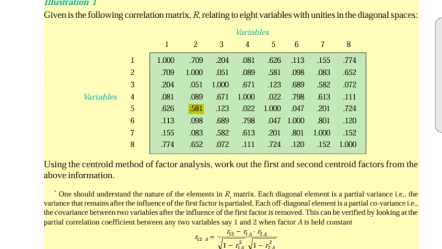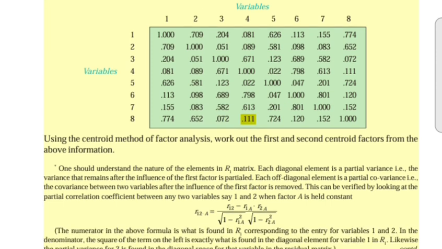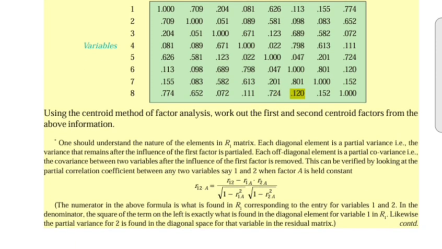Using the centroid method of factor analysis, work out the first and second centroid factors from the above information.